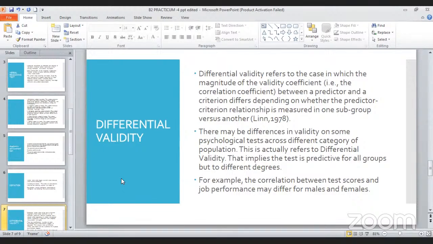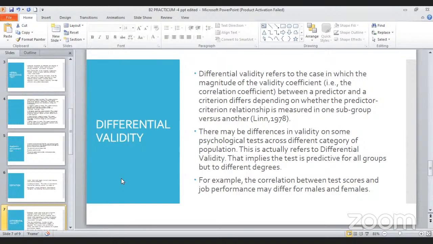But in the case of differential validity, whenever we are trying to find out the correlation between two variables, we are finding out the relationship between a particular variable and another variable. And the relationship is expected to be true for the whole population, isn't it?